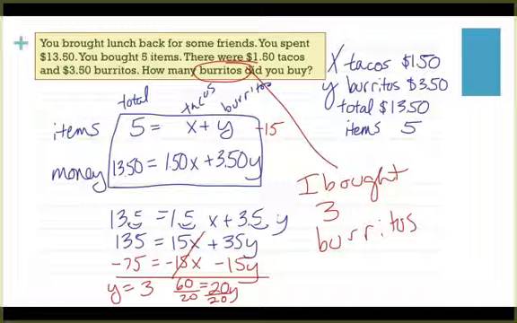Let's see. If I bought 3 burritos, that means I bought 2 tacos. 2 tacos would be $3. 3 burritos would be $10.50, right? $3.50, $3.50, $3.50. And $10.50 plus $3 is $13.50. So I am good. 3 burritos is the answer.